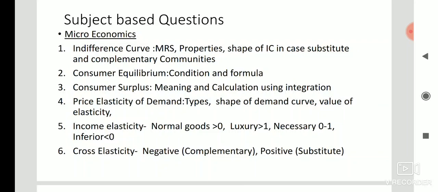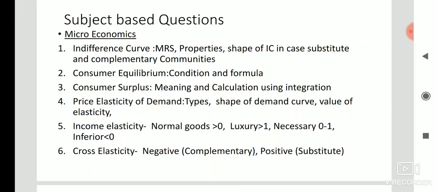Then next, price elasticity of demand. Basically, questions come from price elasticity of demand in the form of the shape of the demand curve or the value of elasticity. Shape of the demand curve means the shape if demand is perfectly elastic, perfectly inelastic, relatively elastic, or relatively inelastic.